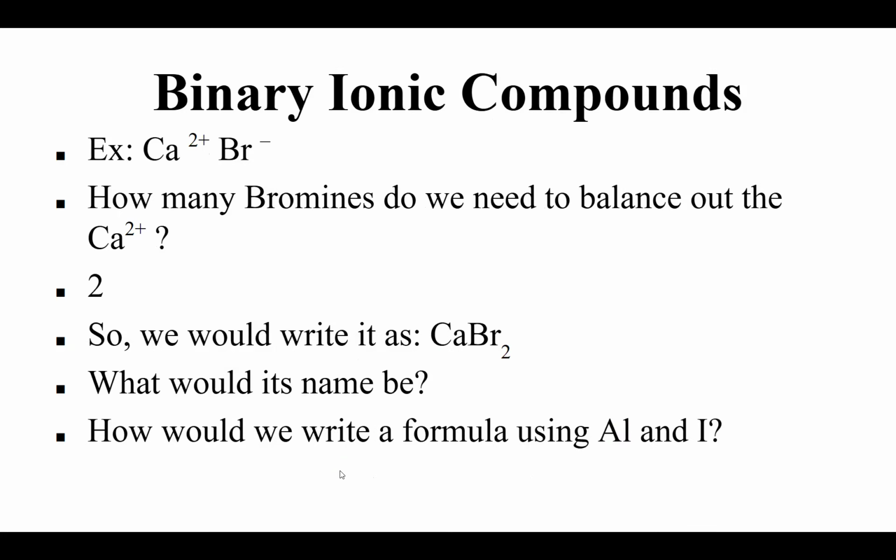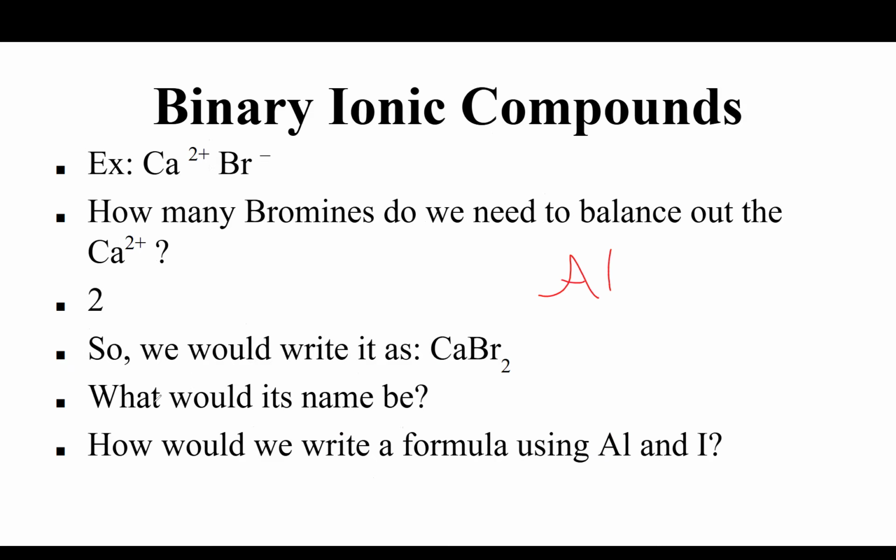Now let's look. How would we write a formula between aluminum and iodide? Well, if we look at the periodic table, aluminum is in group 13. So it would lose 3 electrons to become aluminum 3+. Iodine is in group 17. It will gain 1 electron.